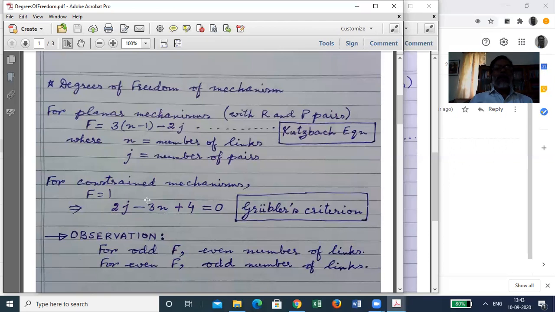Okay. And this condition for a single degree of freedom mechanism, that is a constraint mechanism, is known as Grubler's criterion. Okay. This condition, this criterion is known as Grubler's criterion.